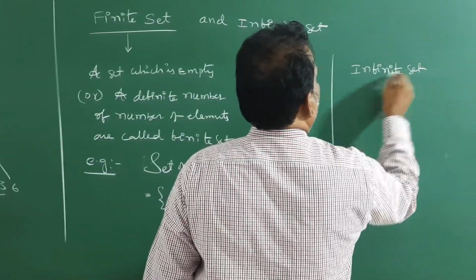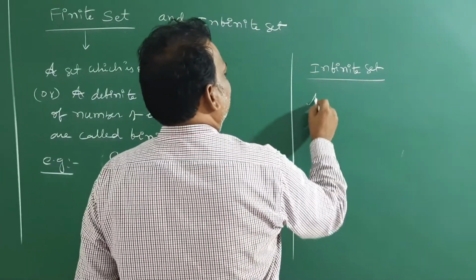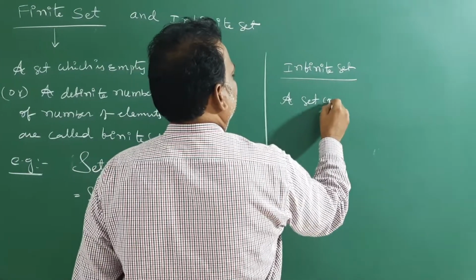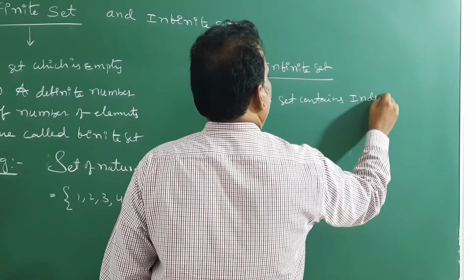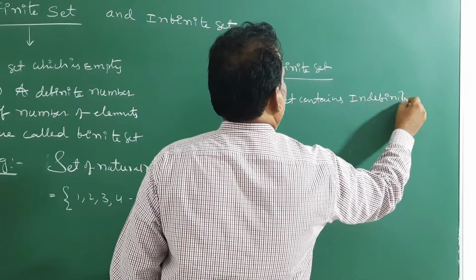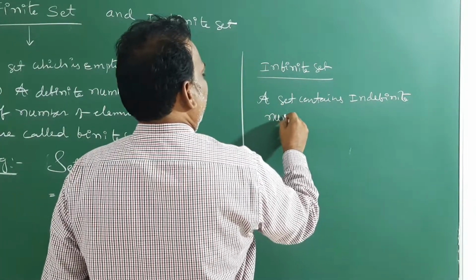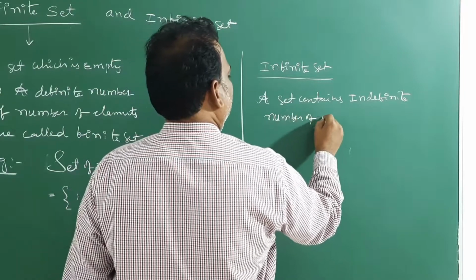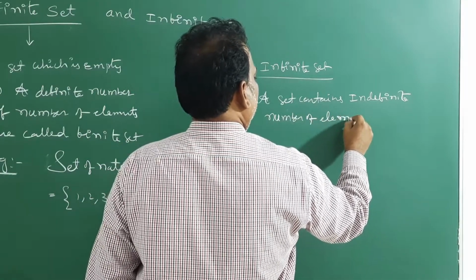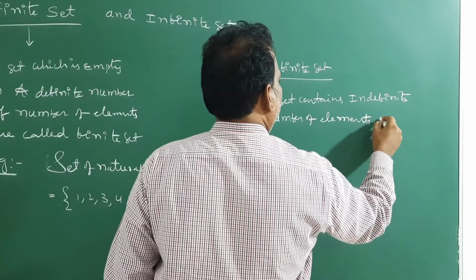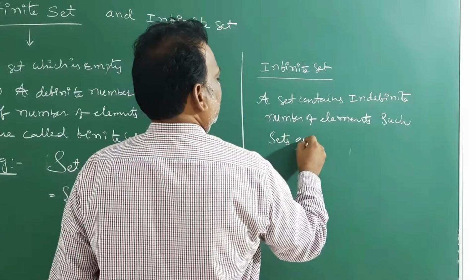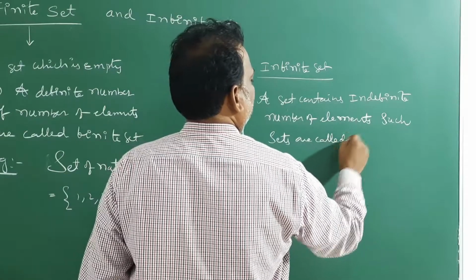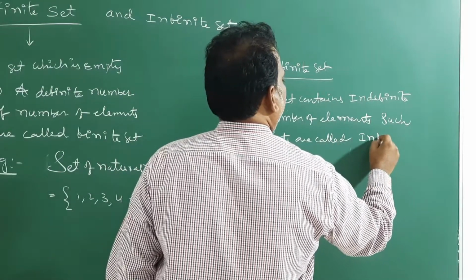What is meant by an infinite set? A set containing an indefinite number of elements, such sets are called infinite sets.